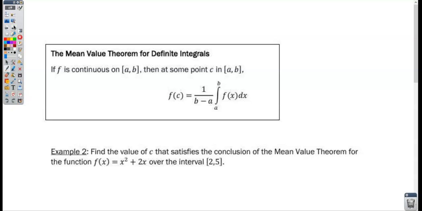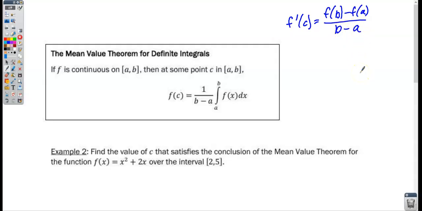If you remember back from Unit 5, we had the original mean value theorem, whose conclusion was that f prime of c was equal to f of b minus f of a all over b minus a.